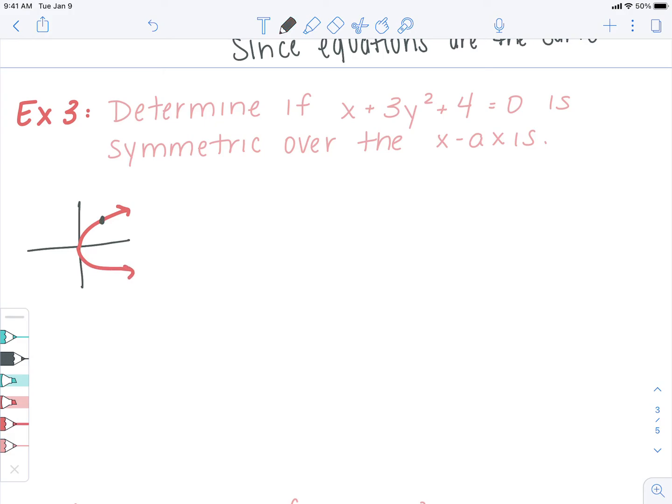So my original equation has x and y in it. If it was symmetric, it should also be the same if it has positive x and negative y in it. So I need to plug in a positive x and a negative y and see if I can manipulate it to be exactly the same.